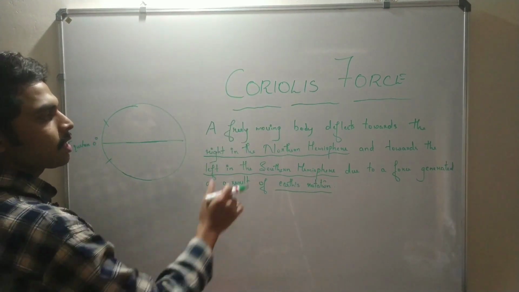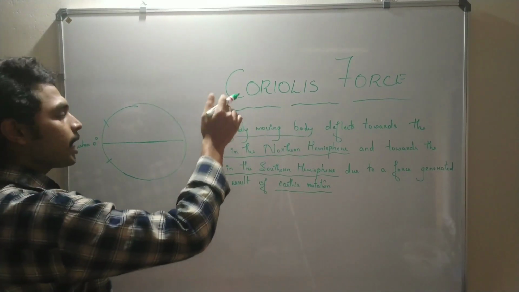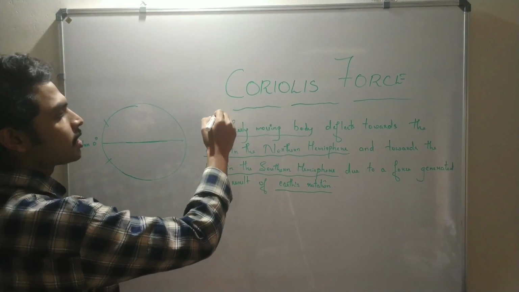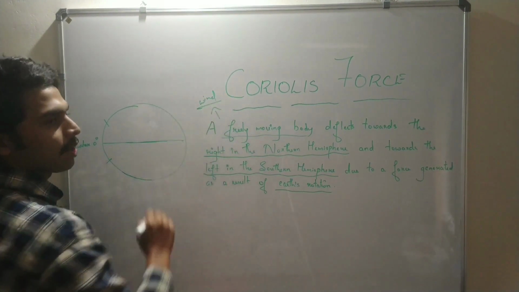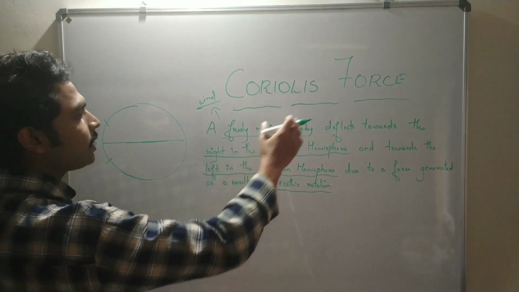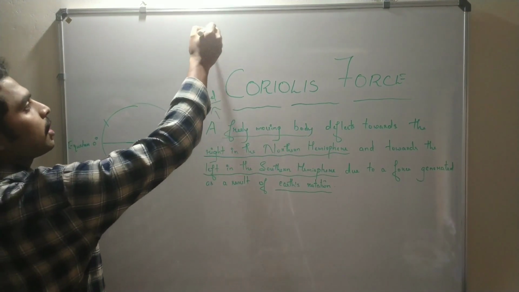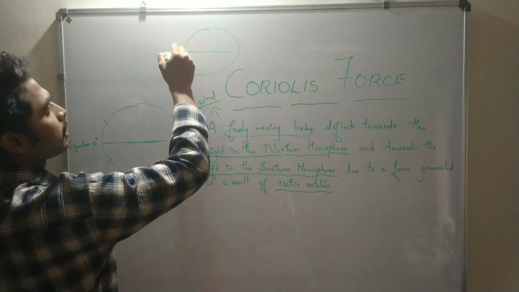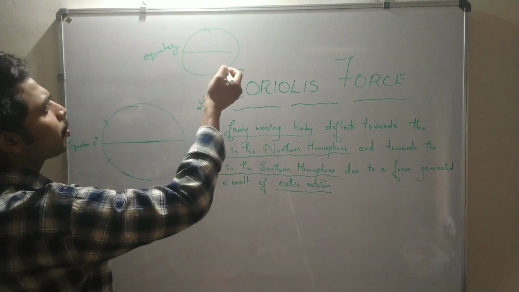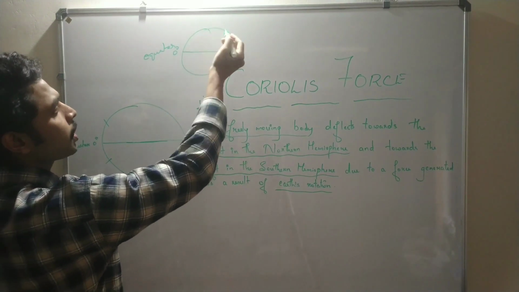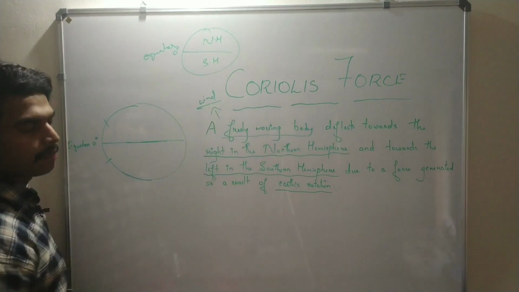So Coriolis force says that a freely moving body, we can take the freely moving body as wind. A wind will deflect towards the right in the northern hemisphere. We know that if we are considering the equator, the earth is divided into two hemispheres known as the northern hemisphere and the southern hemisphere.